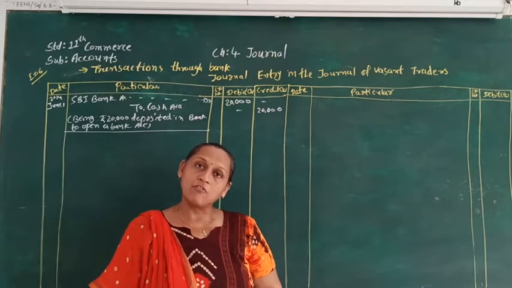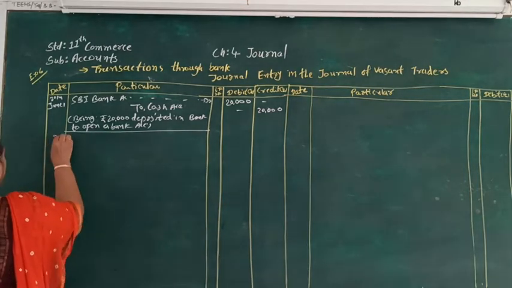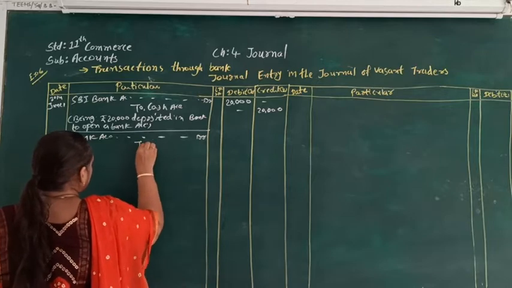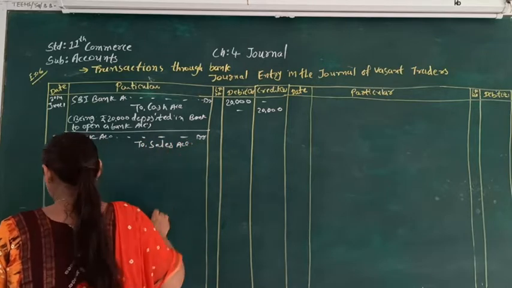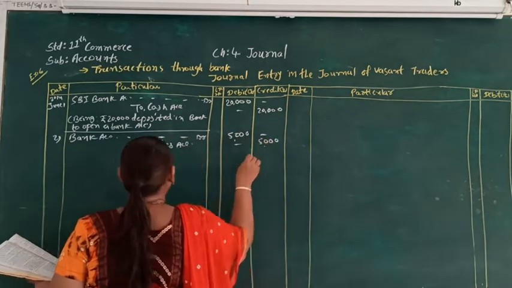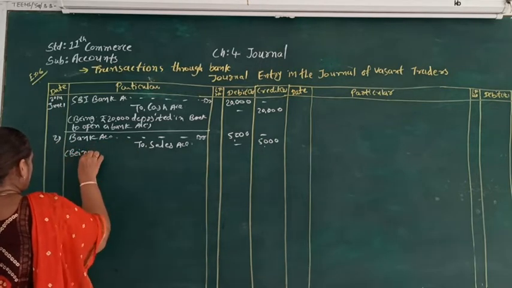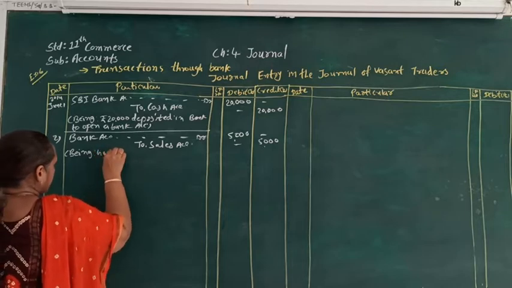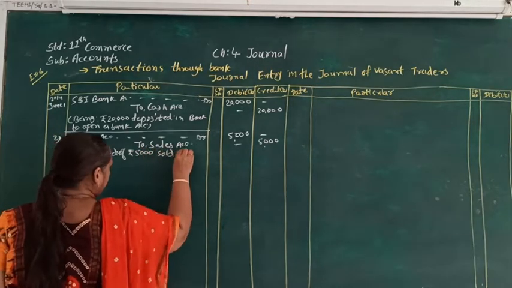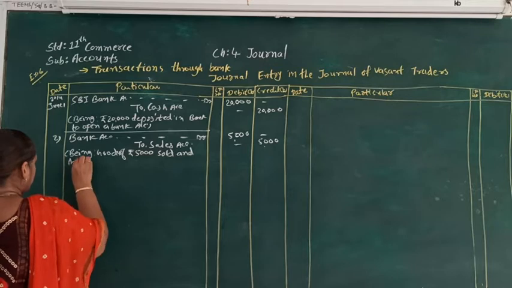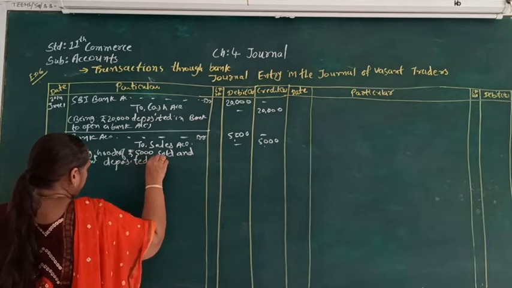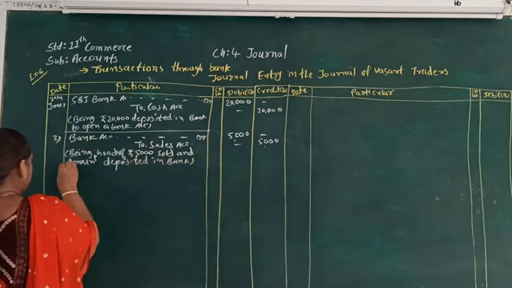The journal entry will be bank account debit to sales, and the amount is 5,000. Being goods of rupees 5,000 sold and amount deposited in bank.